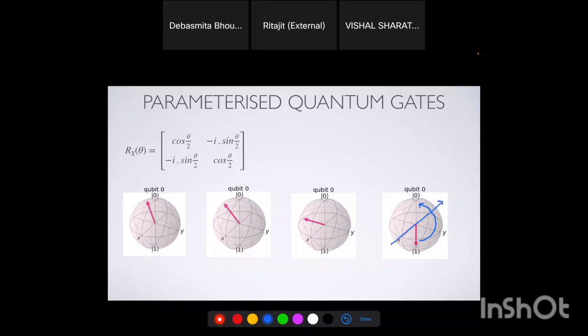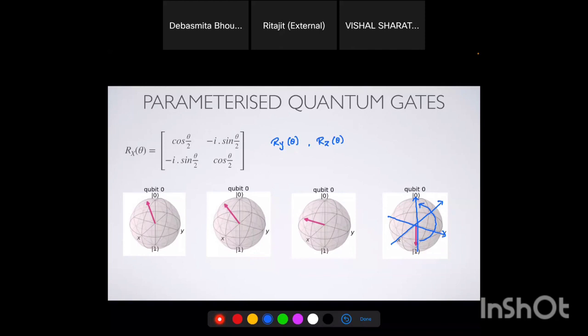Similarly, you can have rotation along the y-axis. This is the y-axis, as you can see here. Or you can have rotation along the z-axis. So this is the z-axis. These are parameterized quantum gates.